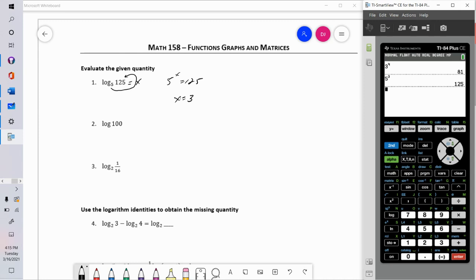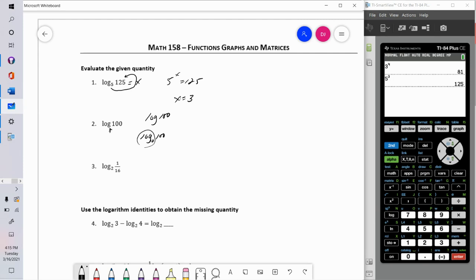Notice that there is no base here. When there is no base written, it's understood that the base is 10, and that's called the common log because we most commonly use 10 as the base for our numbers in modern mathematics. So log of 100 is the same as log base 10 of 100. It's base 10. In fact, you'll notice here in the calculator next to the 7 button it says log, L-O-G.